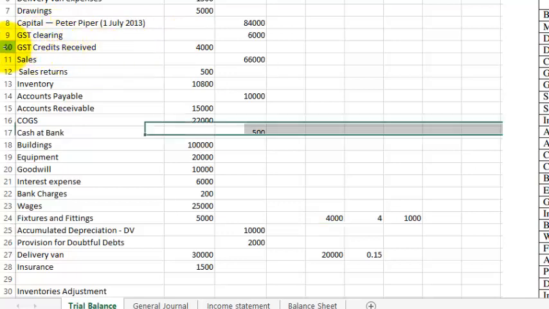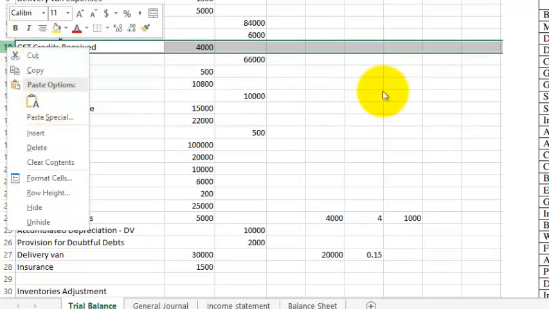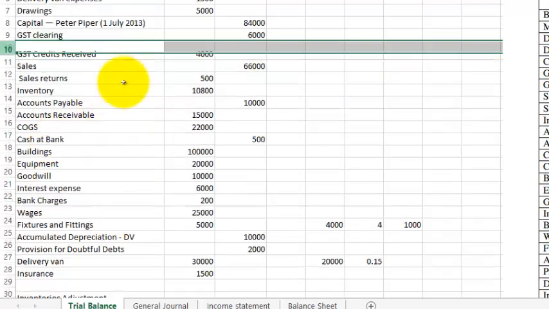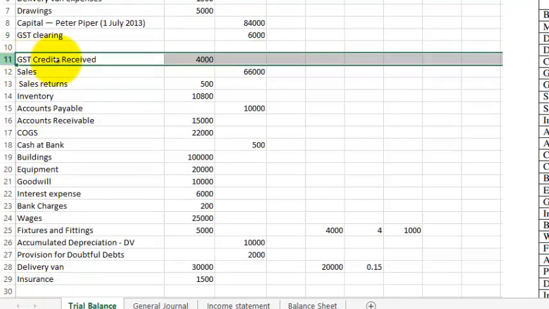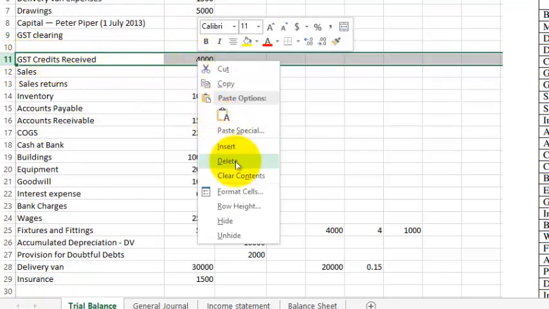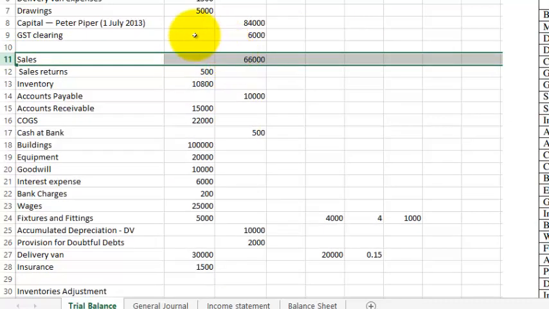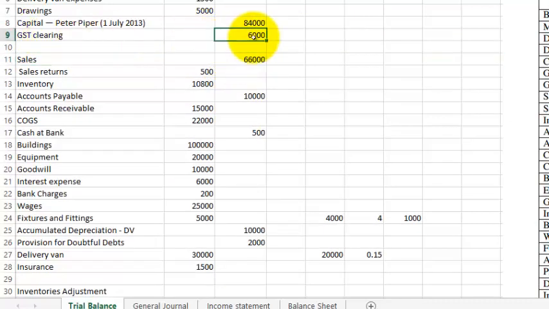What I do, I'm going to just get rid of this line here. So GST clearing, that $4,000, I'm going to get rid of, and I'm going to net that off against the GST collected to make that $2,000. Right?